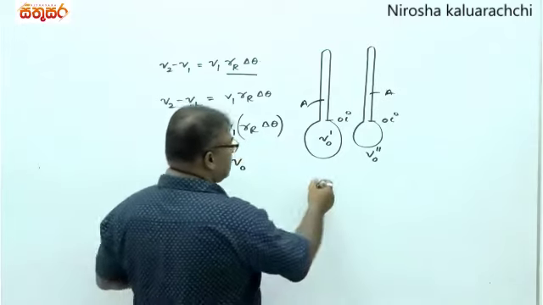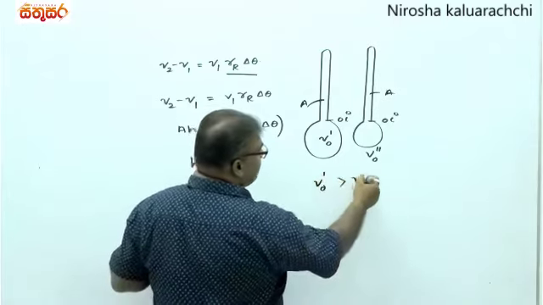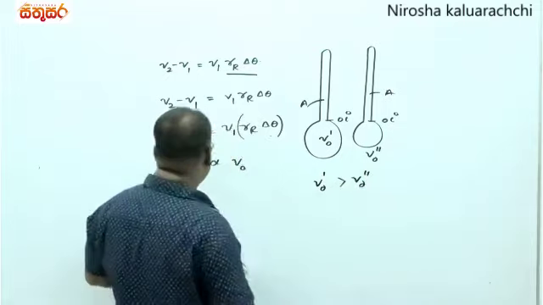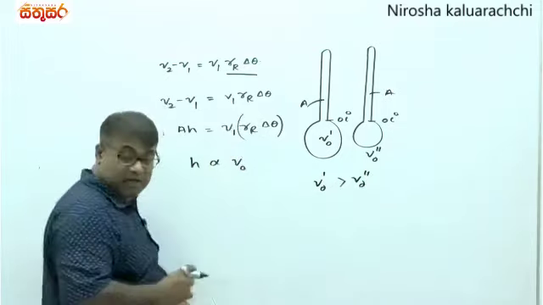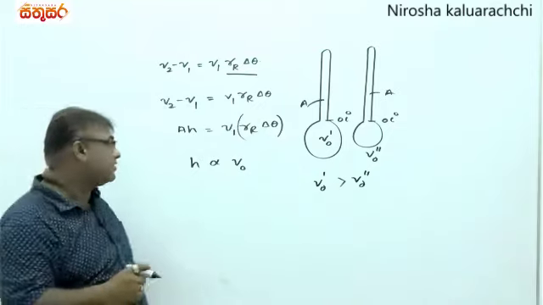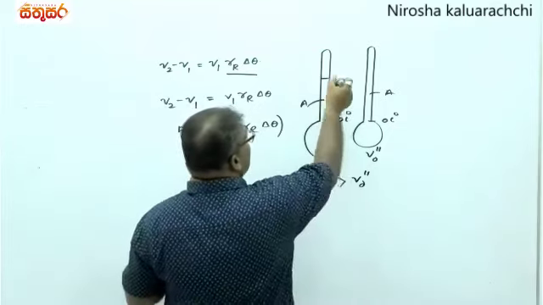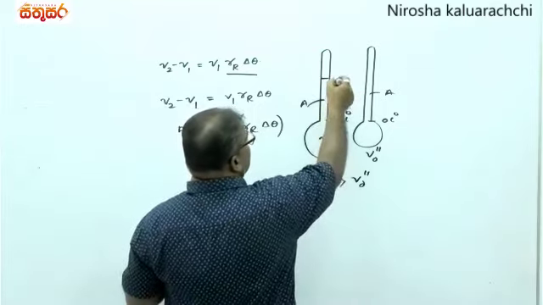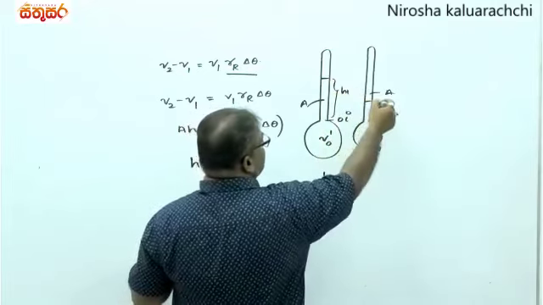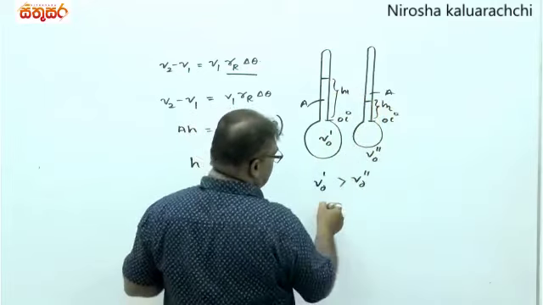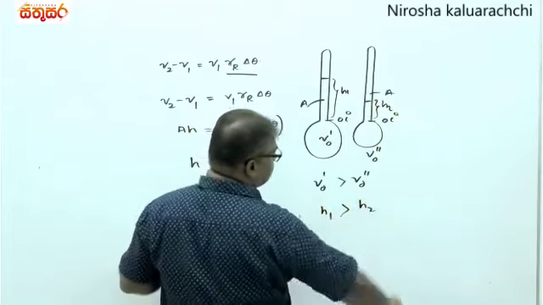Now, the initial volume of the first bulb is larger than the second bulb, so it is directly proportional. Let the heights be H1 and H2. Then H1 is greater than H2.